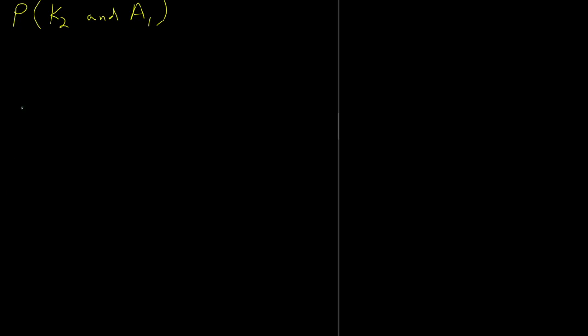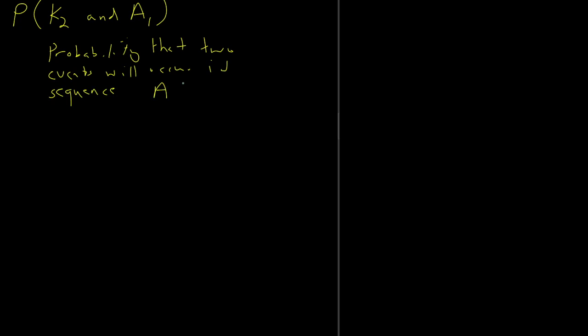And so the probability that two events will occur in sequence, again, we'll just use the generic A first and then B. A and B. A first, then B.